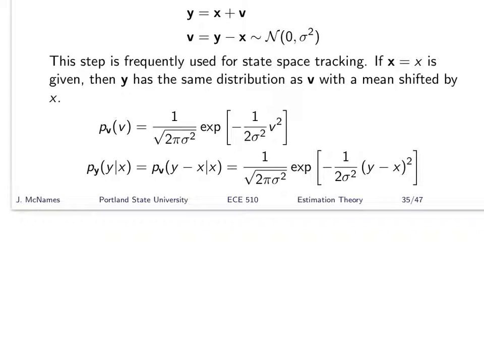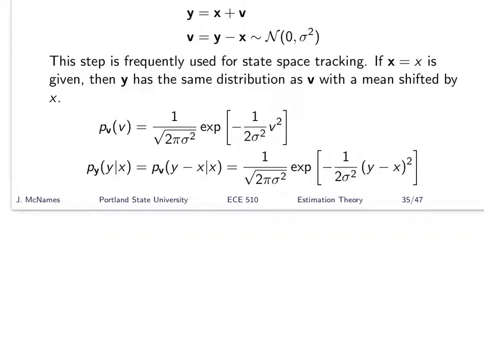Okay, good. Thanks. So the PDF of y can be written as the same as the PDF of v, but with a shifted mean. It also turns out the conditional PDF of y given x, the likelihood in this case, is also a normal distribution, but now with a mean equal to x.